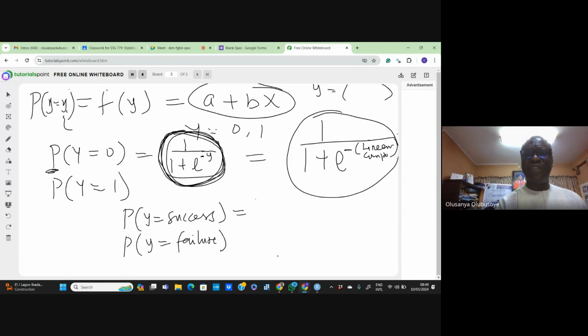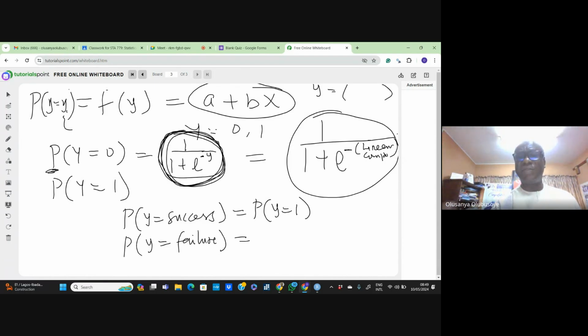You can also see the success outcome as probability of Y equals 1, since a success outcome is assigned 1, and the failure as probability of Y equals 0. So this is the probability of success and this is the probability of failure.